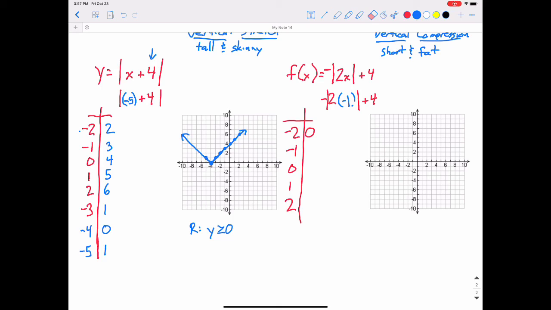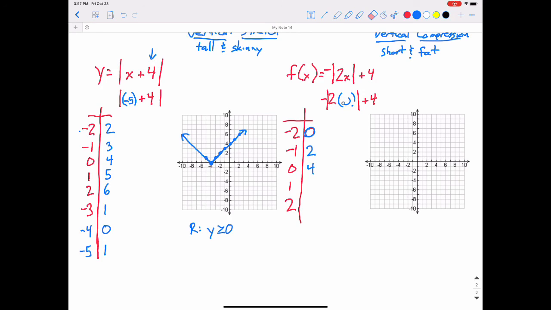Absolute value of negative 2 is 2, but the negative on the outside keeps it at negative 2. And negative 2 plus 4 is positive 2. And now plug in the 0. So 2 times 0 is 0. There is no such thing as negative 0. So we wind up with 0 plus 4, which is 4.